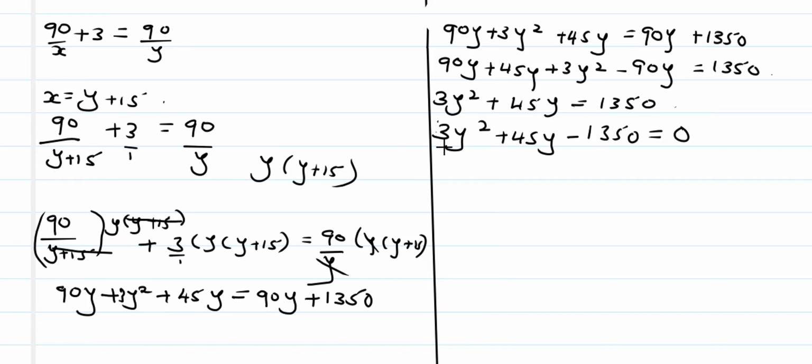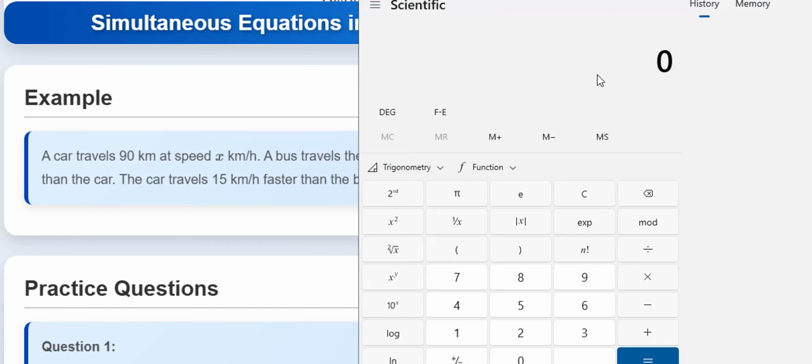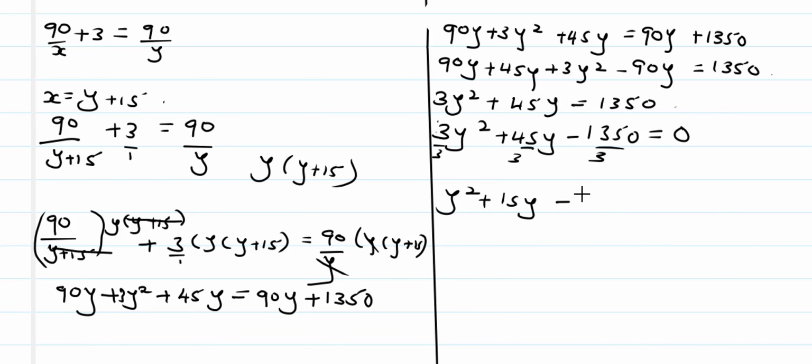So if I divide by 3 here, by 3 here, and by 3 here, it will be y squared plus 15y minus, I can use a calculator here, 1350 divided by 3, which is 450. So minus 450 is equal to 0, like that.